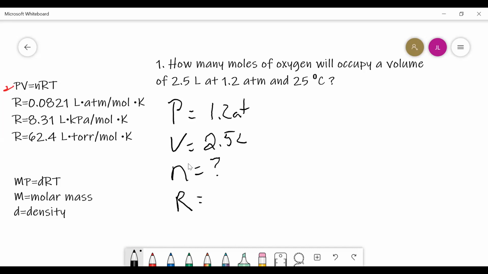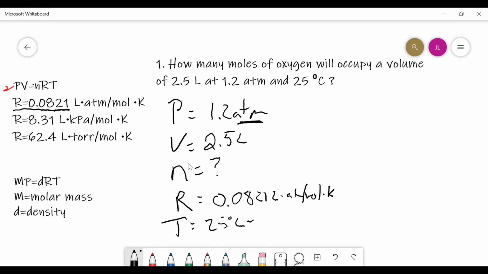R in this case, since we are looking at atmospheres here, we're going to use 0.0821 liter atmospheres over mole Kelvin. And then temperature is 25 degrees Celsius, but we want that in Kelvin, so let's add 273 to get 298 Kelvin.